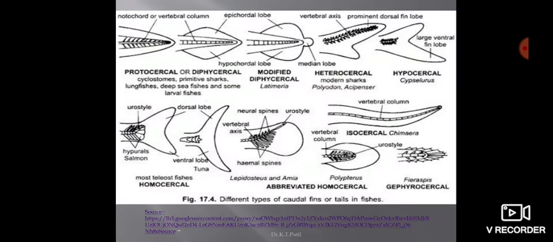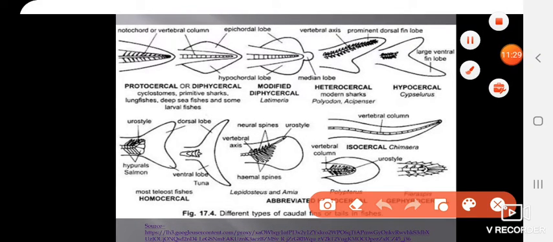See the first one, protocercal fins. The pointed part acts as a notochord. This notochord is modified into the vertebral column, you know very well. This protocercal tail is generally found in cyclostomes or primitive types of fishes.